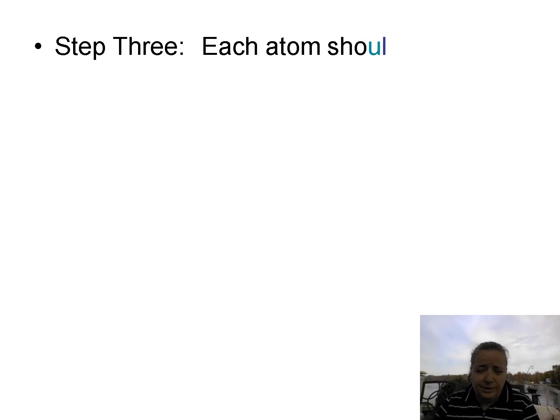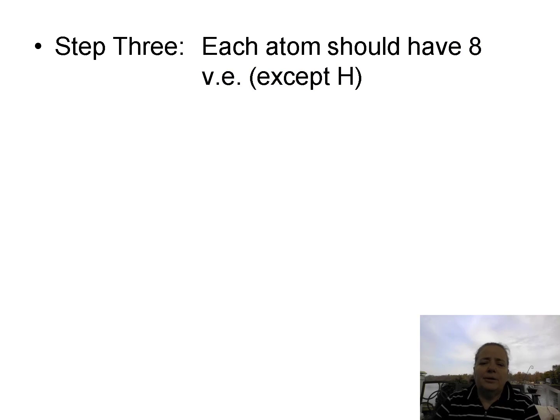You have to have 8 around each one, unless it is hydrogen. Hydrogen is in energy level 1. Energy level 1 doesn't have a P, therefore energy level 1 is full with 2 electrons. So hydrogen only needs 2, not 8, which is good, because it only brings 1. Helium is the same way because it's in energy level 1, but helium doesn't bond, so we're not going to run into it here.